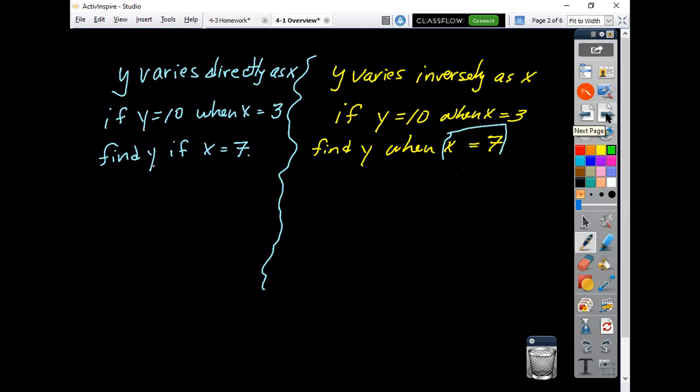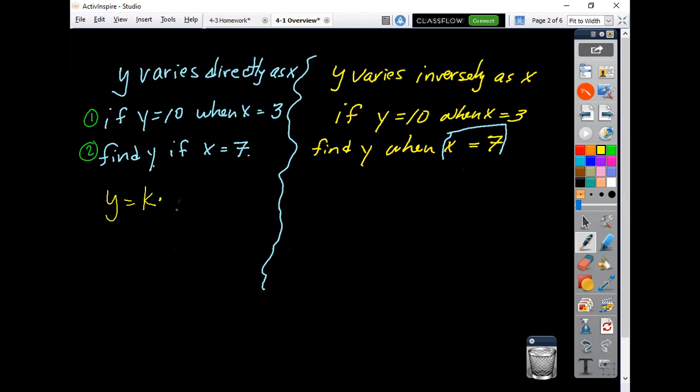All right, so let's try a couple of problems. If y varies directly as x, it's a two-step process. The first step is when they give you two of the numbers, we can solve for k, and the second step is they tell us one of the other numbers, and since we already solved for k, we can solve for the missing variable. So let's see how this works. Y varies directly as x. Remember how that sets up.